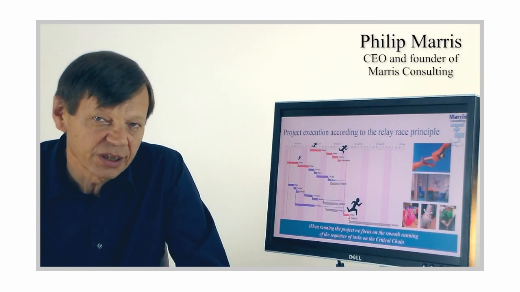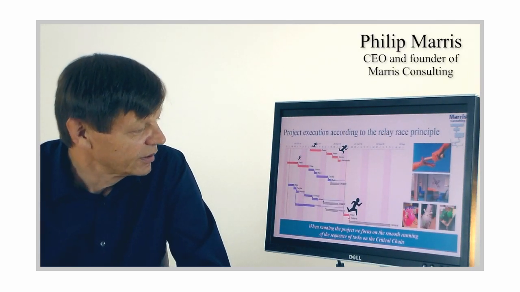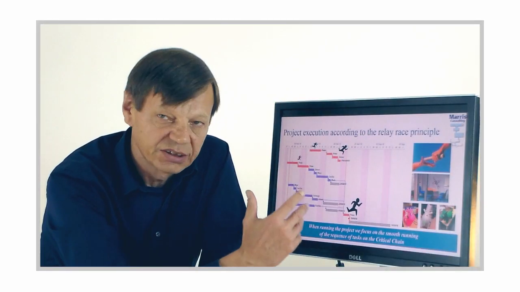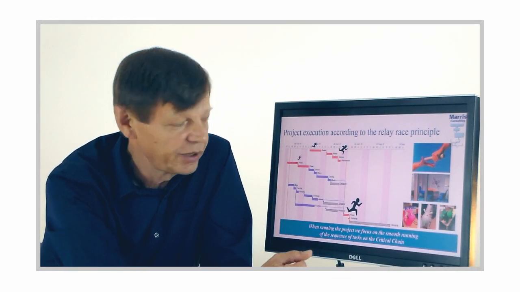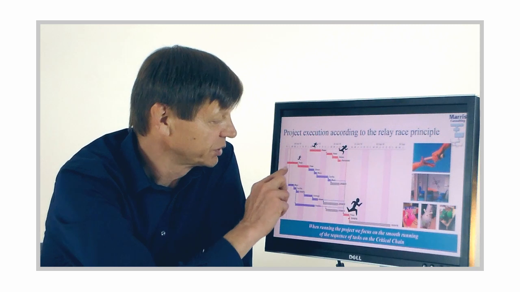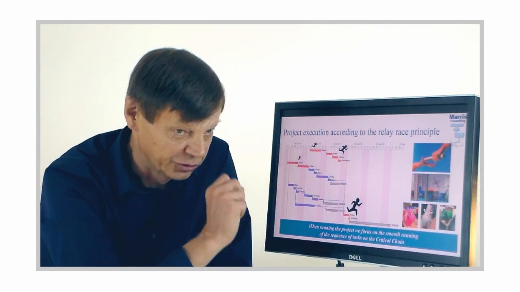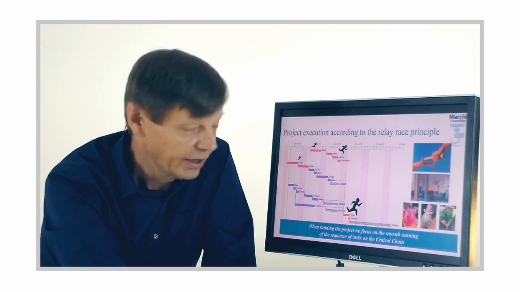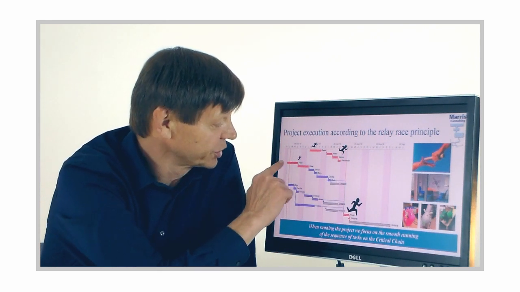So let's go back to the example we were using on a project. This is the Gantt chart that we developed in the video on planning. It's scheduled using the critical chain way, and we have a certain number of resources: Peter, Simon, Solange, Cecilia, doing various tasks. Okay, we have identified the critical chain.